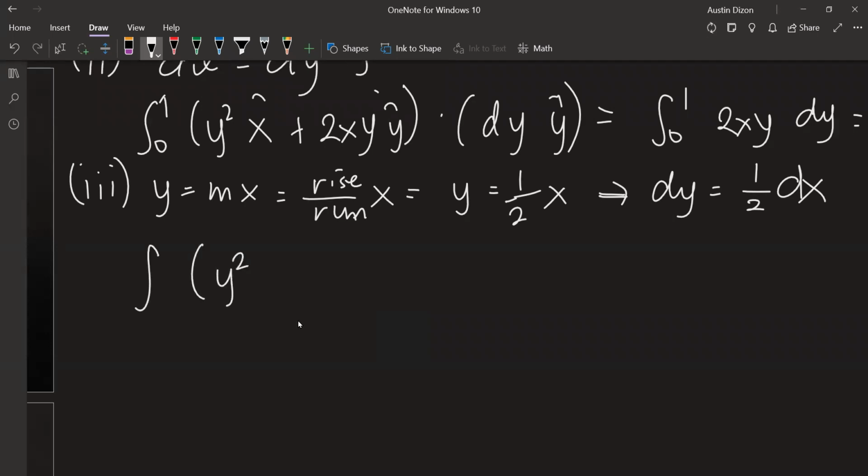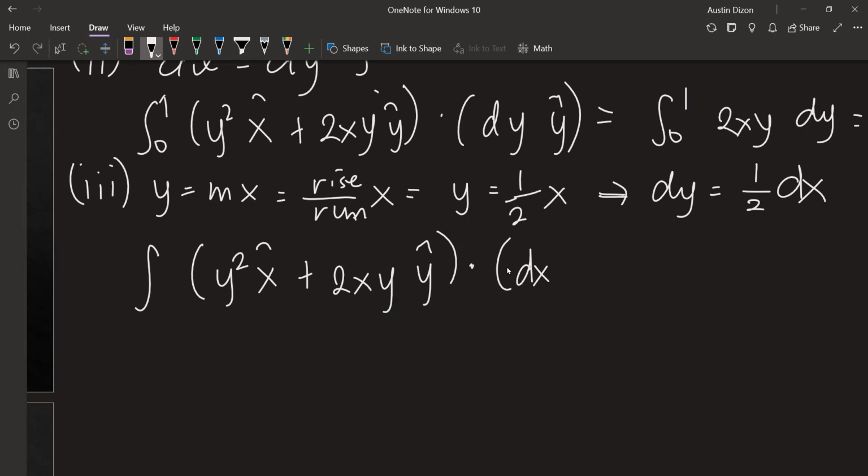Kuhanin natin yung y squared x hat plus 2xy y hat. Ito pa rin yung kanina, di ba? Then, idadot mo dun sa DL mo, which is dx x hat.